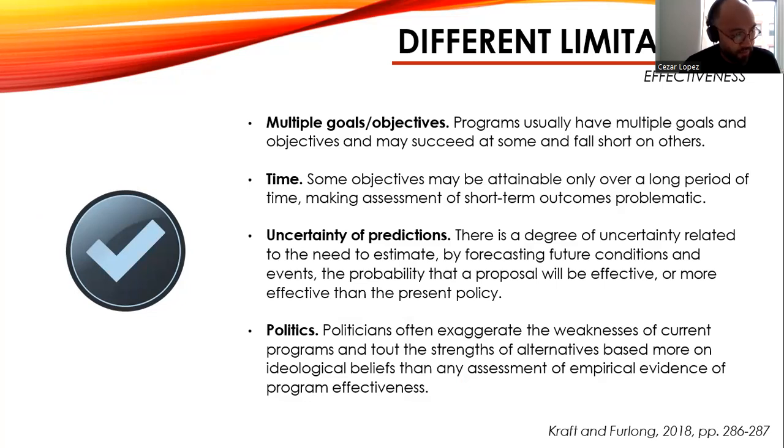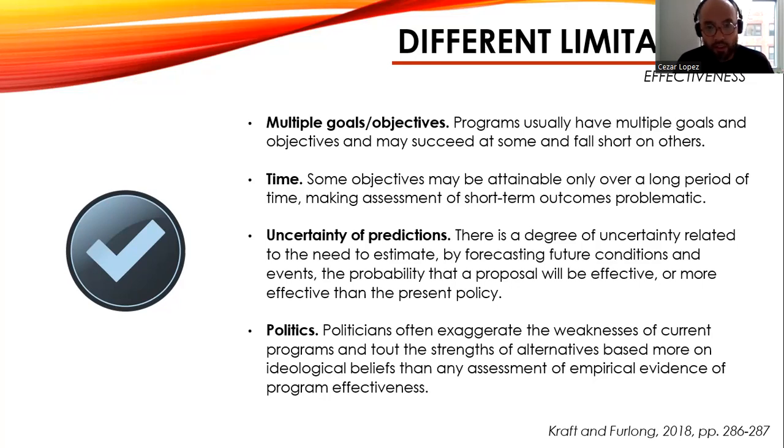Different limitations regarding effectiveness. Effectiveness, or the ability of the policy to meet its goals, applies to all policy problems. When selecting this, it is important to keep in mind several limitations. Multiple goals and objectives: programs usually have multiple goals and objectives, and may succeed at some and fall short on others. Time: some objectives may be attainable only over long periods of time, making assessment of short-term outcomes problematic.